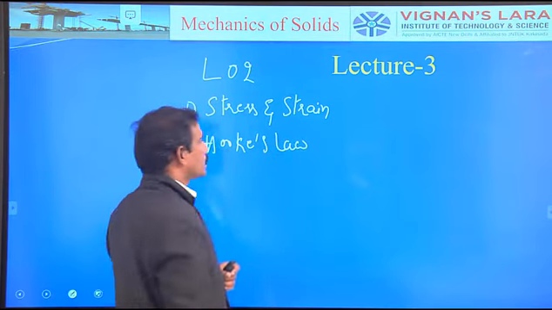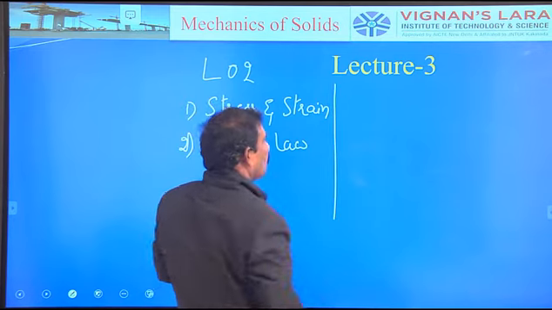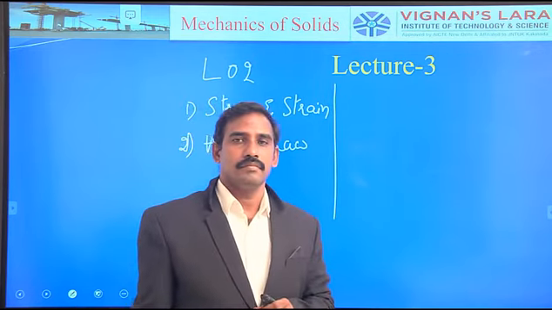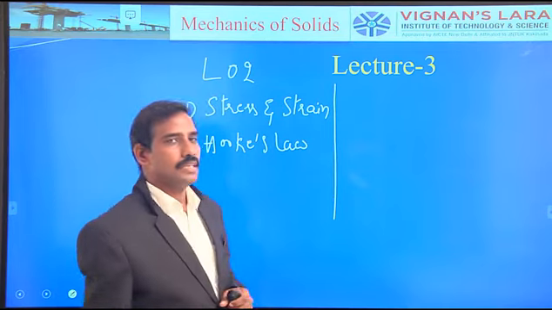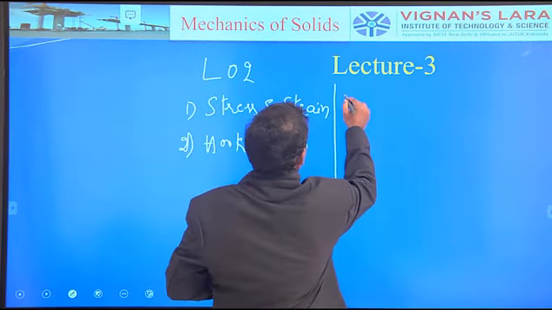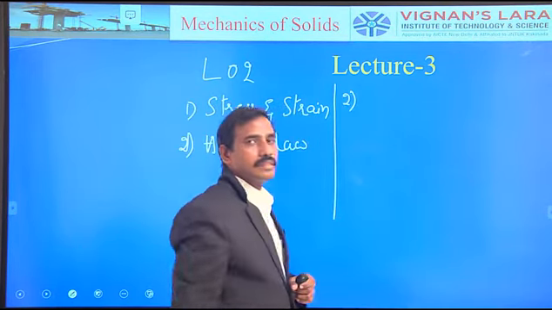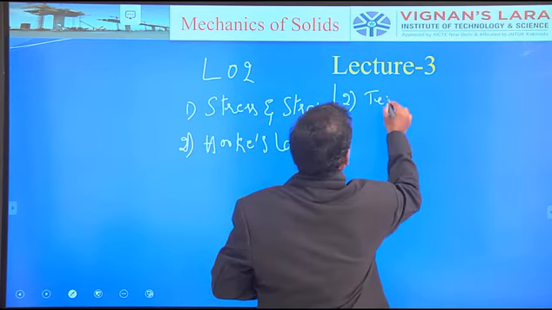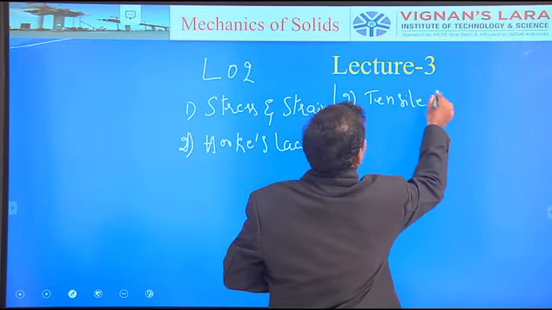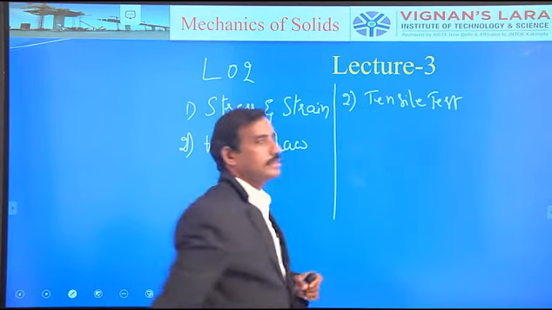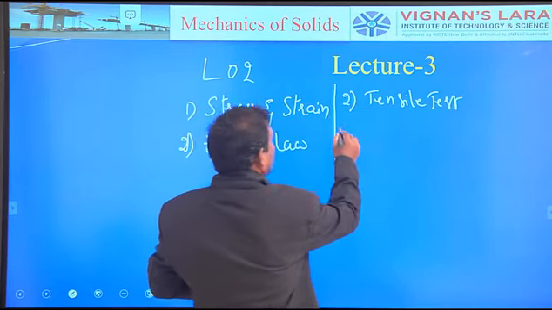Today we are going to discuss how the material behaves under the action of various forces experimentally. So that is the tensile test. That is the first one. Then let us see the second case.